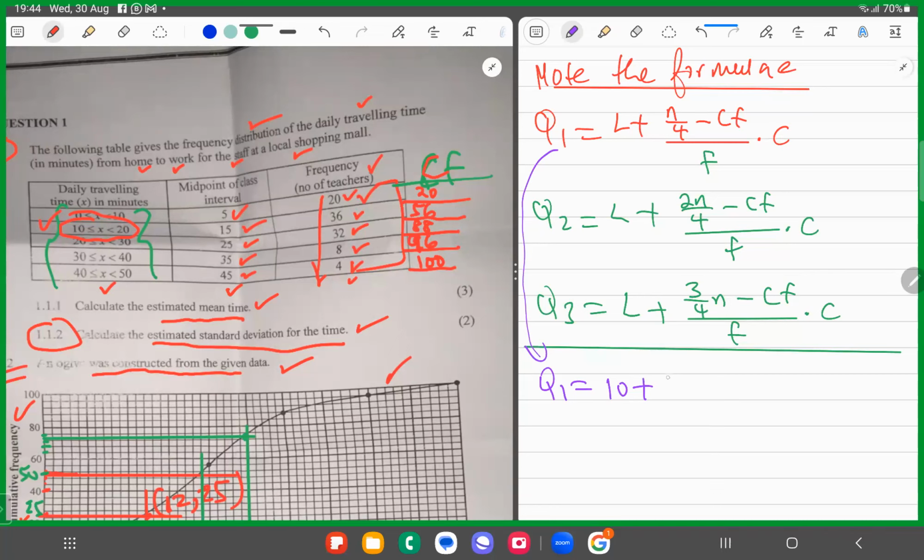What is 100 over 4? It is 25. Now, what is the cumulative frequency value there, in the preceding class?